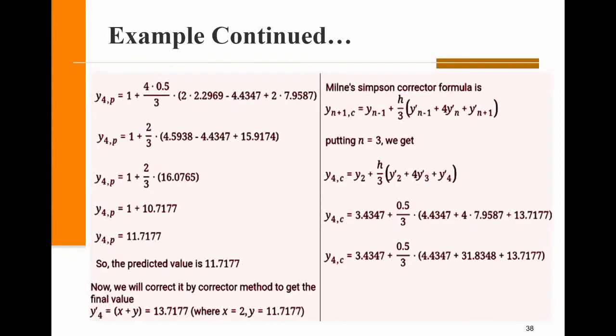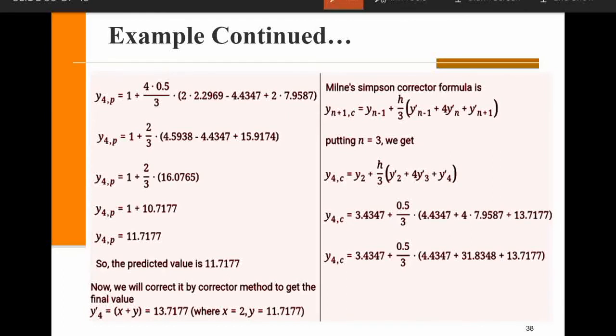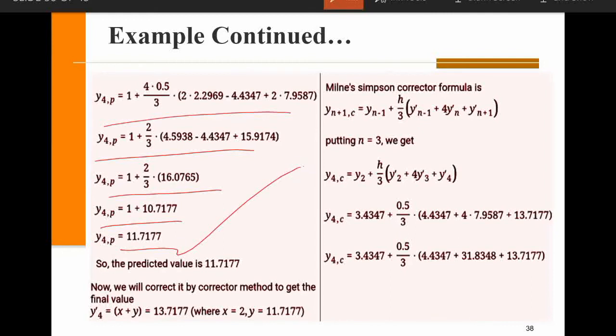So after predicting the value, now we have to correct the value. After substituting all these values in the formula, we have found the predicted value. This is our prediction, right? Now after this prediction, we will substitute this value here. This y4 we will substitute here, right?